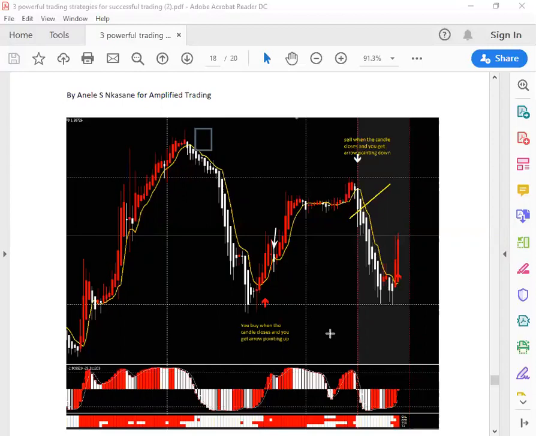The arrow fires when the price action, which is the candlestick, closes above the 5 moving average, and from your two indicators down here below, you get the confirmation that it seems like the momentum is shifting to the upside. Then you get an arrow which actually just points either up or down.